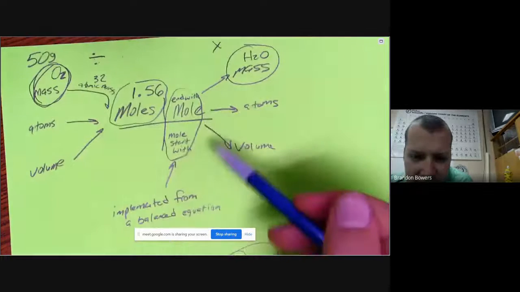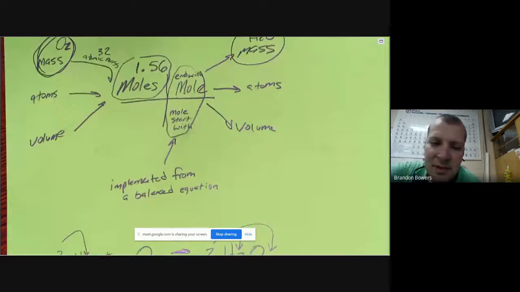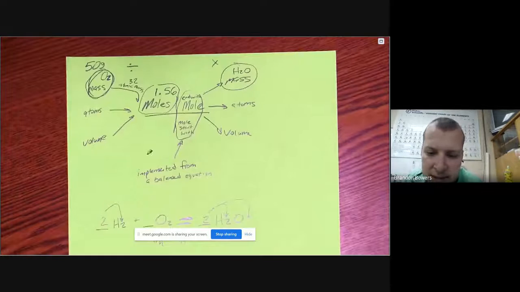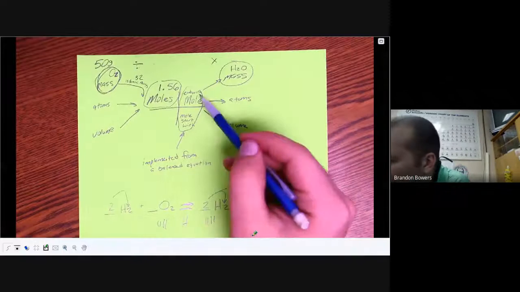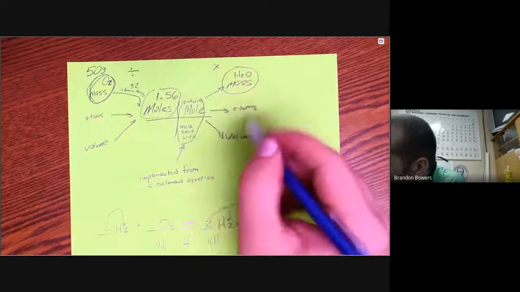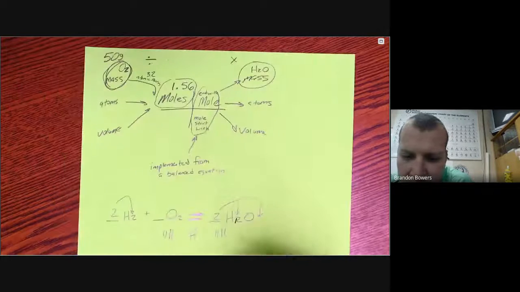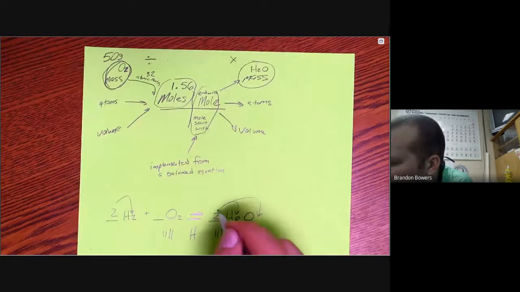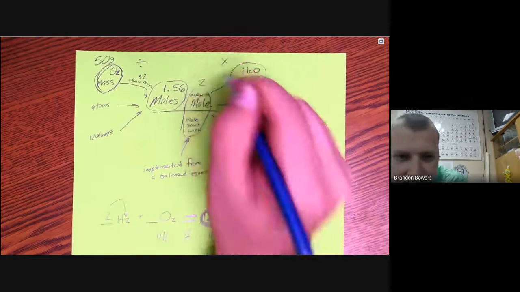Now, these two numbers have to be implemented from the balanced equation. So I'm going to zoom out a little bit so I can see my balanced equation. Moles end with moles, so I want to end with water. How many moles of water do I have? I have 2 moles of water, so I'm going to have a 2 on top.